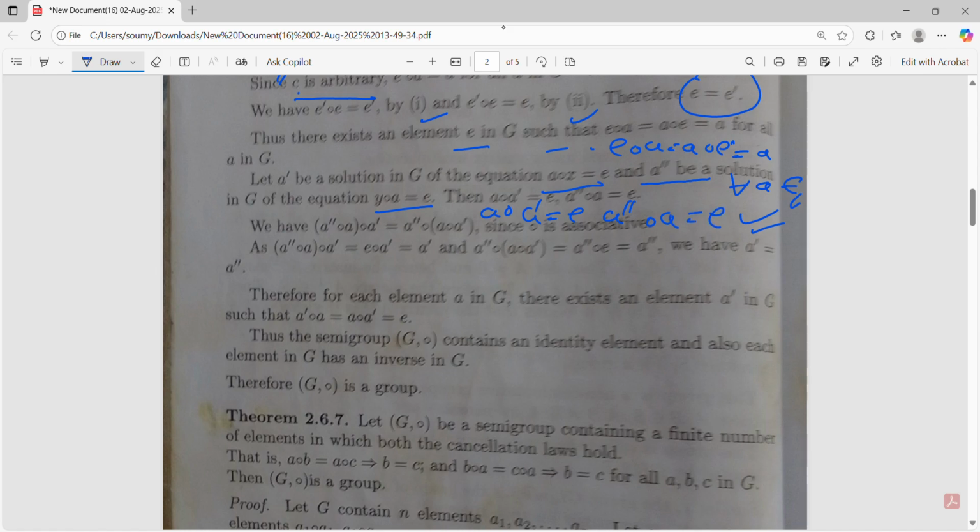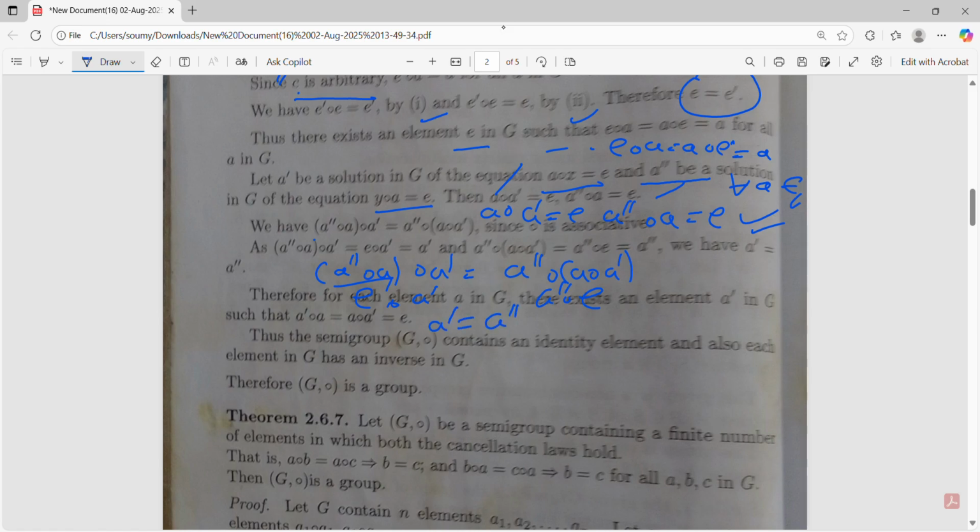Now this is very similar to the previous proof. By the associative property we can write A double dash compose A compose A dash equals A double dash compose A compose A dash. Now one side will become E, and the other will become E from these equations. Then by the identity property, composed with A dash and A double dash, we get A double dash equals A dash.